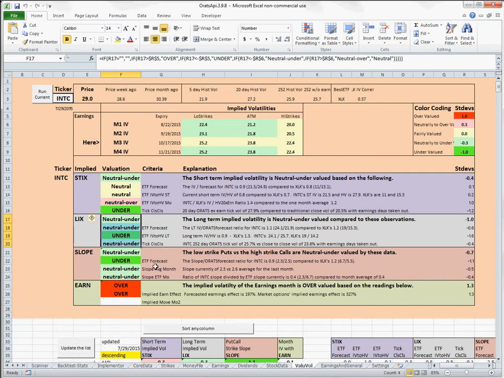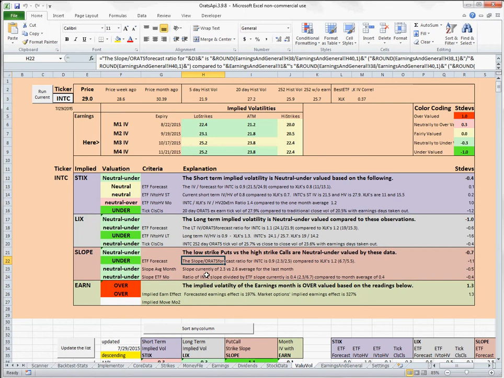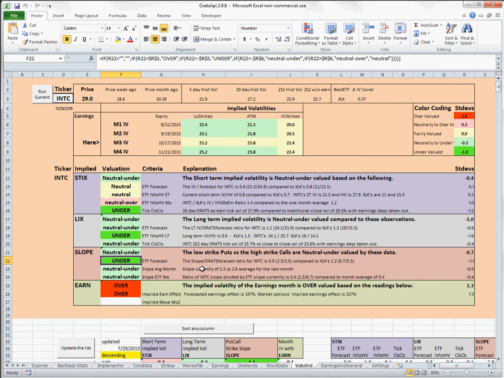The put call slope, we do a forecast of the slope and find that Intel is under, whereas the XLK is over our forecast, so that comparison is an undervalued situation. The puts aren't as high in implied relative to the calls, out of the money calls, out of the money puts, so we can communicate that as an undervalued situation, and that the slope for the month has been 2.3%.